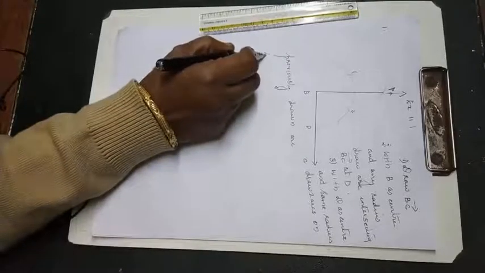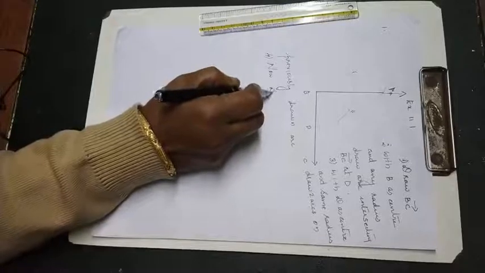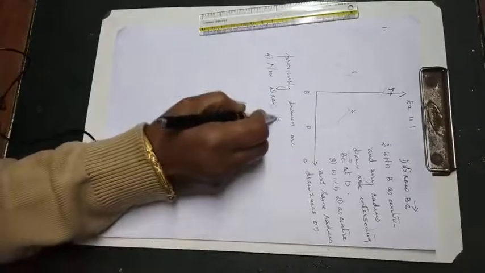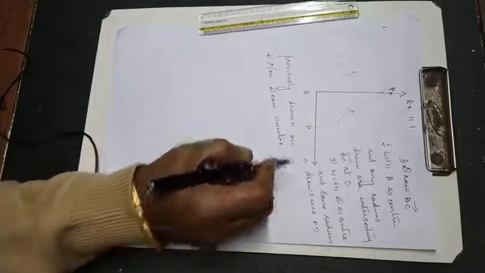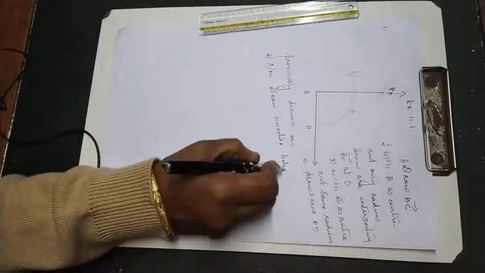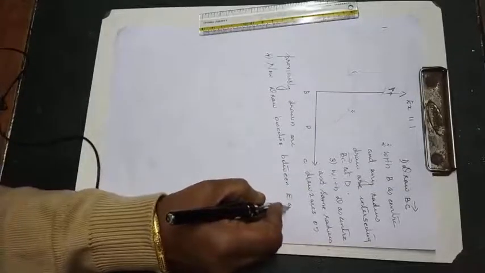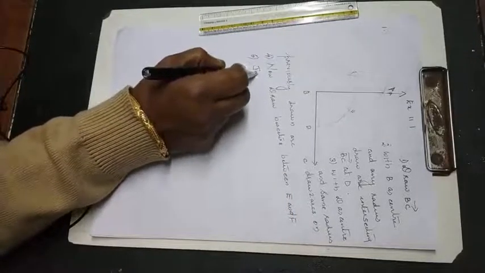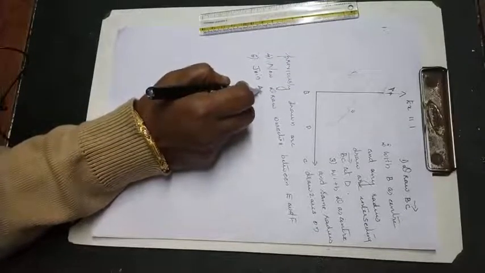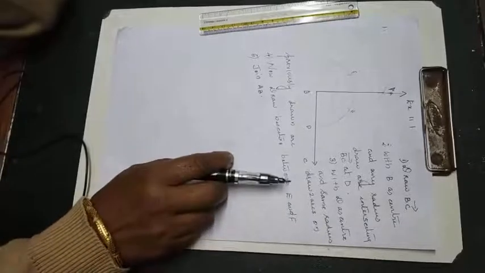Now draw bisector between E and F. Then join AB. See here in that how to draw the bisector, that we have not mentioned.